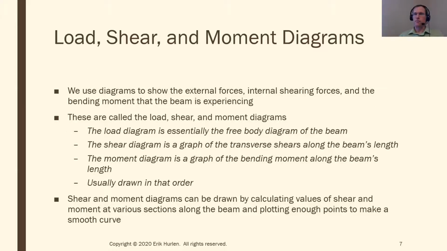Then throw away the other side and do rigid body equilibrium with those three unknowns, so I solve for my three unknown internal reactions. That gives me values for those forces at that location, and then I cut it as many times as I need to make nice smooth curves for the entire length of my beam.